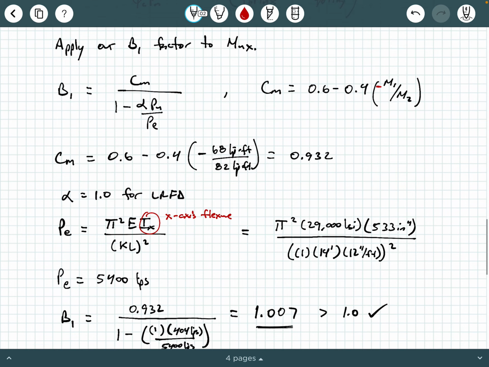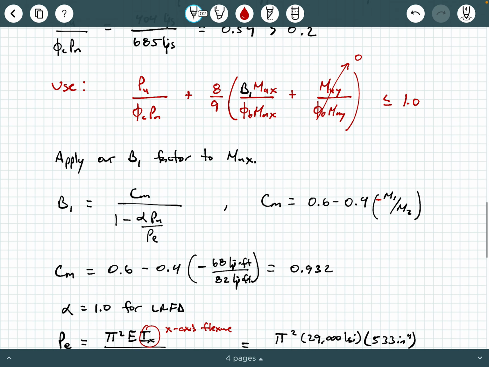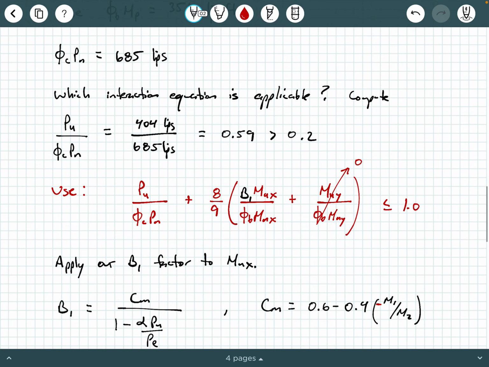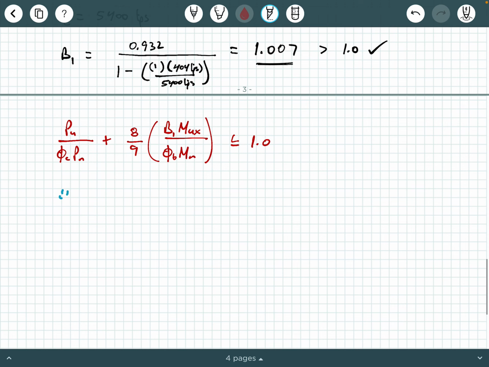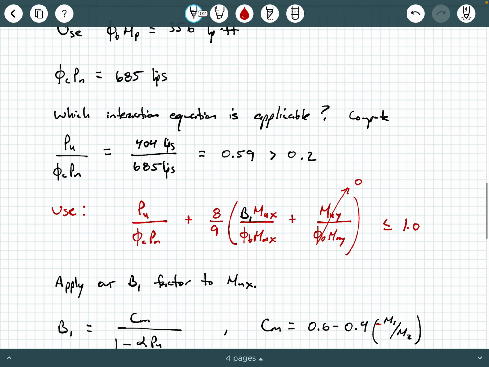And let's go in one at a time. We already know PU over phi CPN, right? We calculated that earlier as this 0.59, so we can just go ahead and utilize that. That's 0.59 plus 8/9 times 1.007 times MUX. So what is MUX?